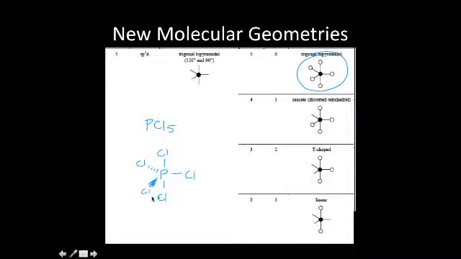That gives us this three-dimensional shape, this trigonal bipyramidal shape. So when you have a central atom and 5 peripheral atoms bonding to that central atom, you get this trigonal bipyramidal shape.